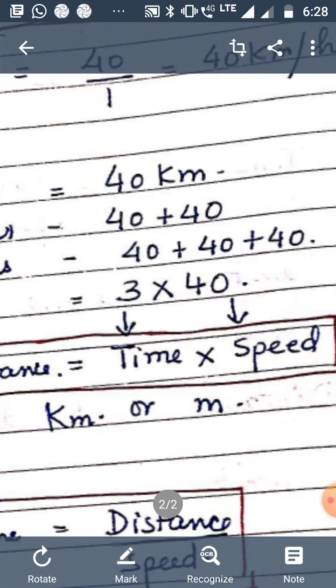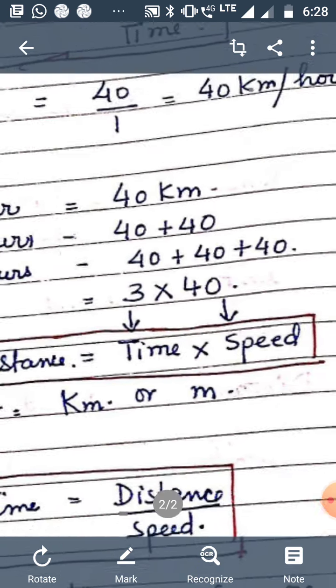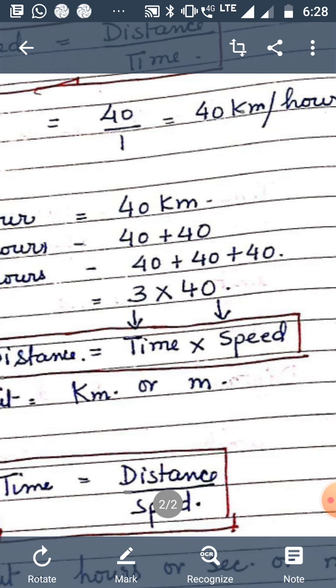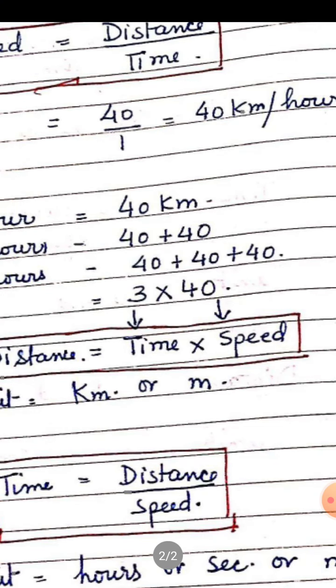So if we multiply time and speed, we can get the distance covered by the object. So the second formula is distance is equal to time into speed.